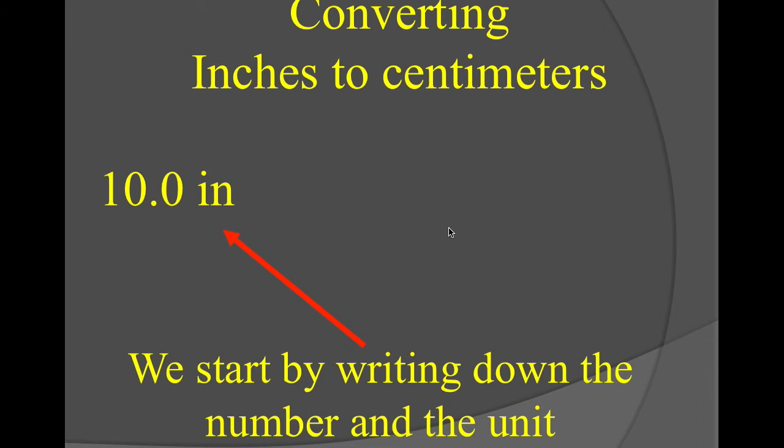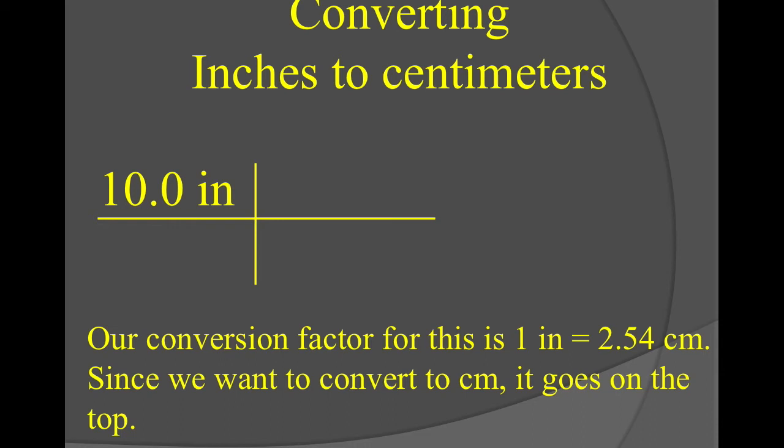Here's another example. If you were converting from inches to centimeters, let's say we want to convert 10 inches into however many centimeters that is. So first you write down the number and the unit, and we put this little cross right here, and we know that our conversion factor for this is 1 inch equals 2.54 centimeters.